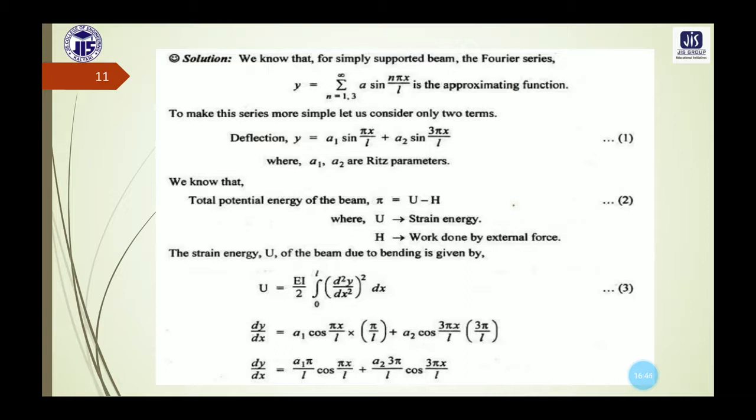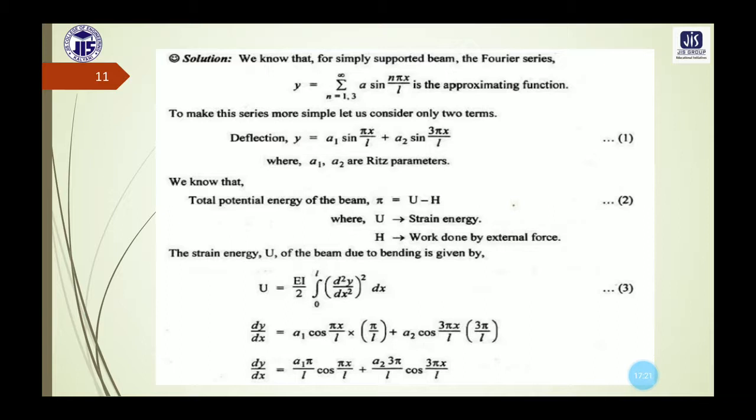Now in the second step, we need to find the strain energy, that is capital U, and in the third step we need to find the work done by external force, and in the fourth step we need to find the total potential energy, that is pi equals U minus H. So this equation number 2 is actually the fourth step, that is pi equals U minus H. To get the value of pi, we need to solve the second and third steps.